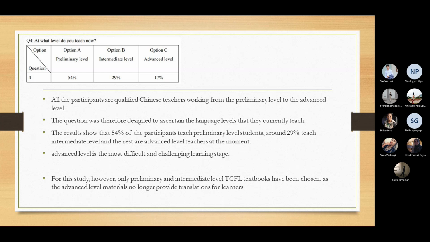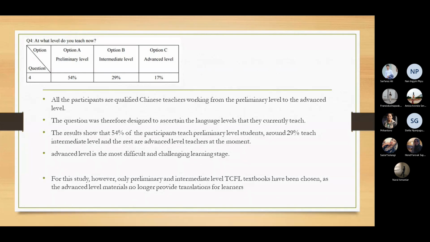The result of this question was that 54% of the participants teach primarily the primary level students, and around 29% teach intermediate level. The advanced level is the most difficult and challenging learning stage.